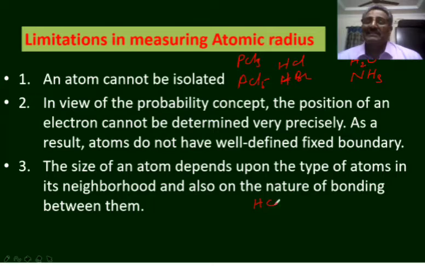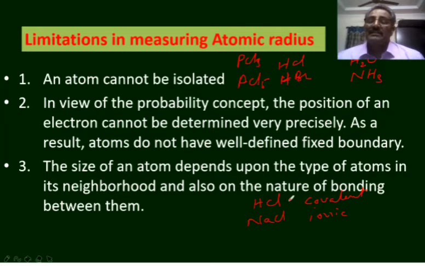For example, HCl. The bond present in HCl is covalent bond, whereas in sodium chloride, the bond present between sodium and chlorine atoms is ionic bond. The nature of the bond is changed between these two compounds.